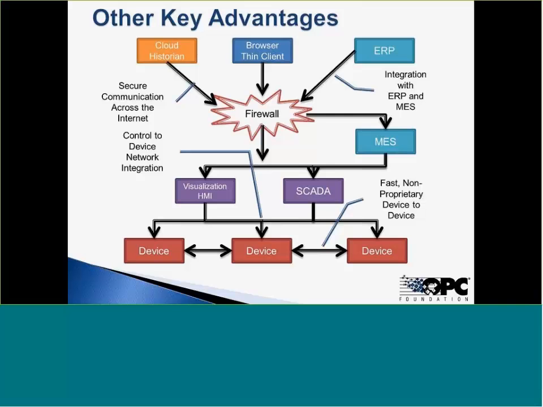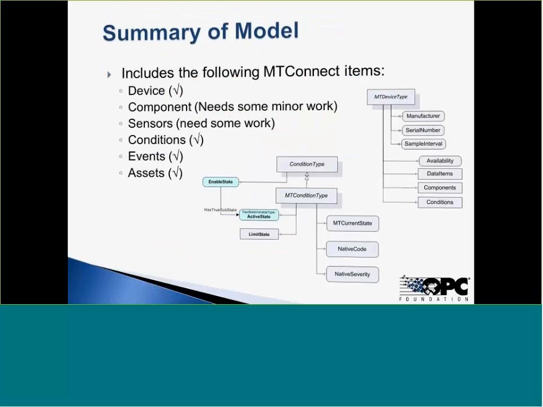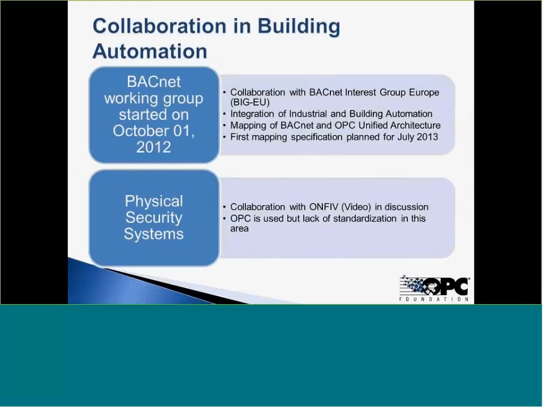So the importance of secure communication across the internet, and also having control between different devices and a network configuration, is all the base architecture of OPC UA. So those are some exciting things there.